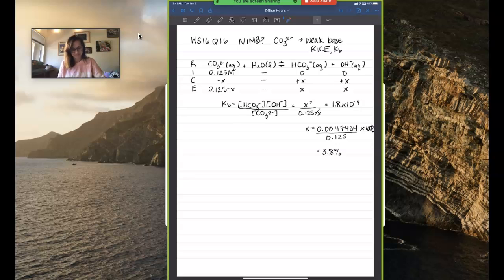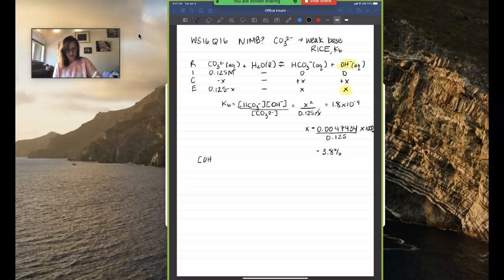Okay. Actually, it was the chapter 15 lecture videos where I taught the method of successive approximation. All right, so what does x tell me? I always go back to the RICE table to look for the clues. Looks like x is actually the equilibrium concentration for the hydroxide. I already solved that.